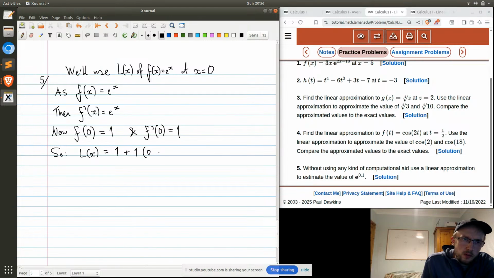Oh no, I'm getting confused. Hold on. Okay. That should be a minus 1. Y minus y1 minus 1 plus 1. No. Darn it, I'm getting confused about this.